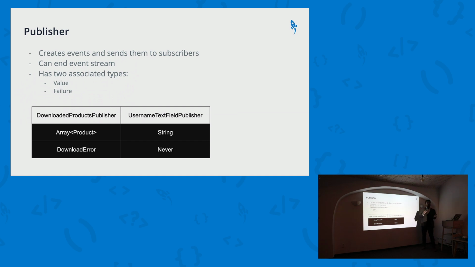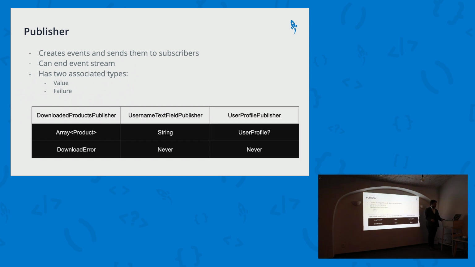Anyway, if we would have a publisher for a text field, which we already saw in the example before, then the associated type for value would be a string, because it sends strings, but it can never fail. It can't tell us, I failed, the pipe is broken. Another example would be user profile.